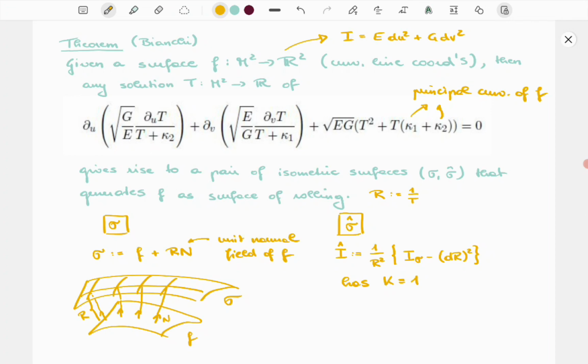This follows from the equation from above. This can be computed explicitly. So this metric here, I hat, has constant Gaussian curvature 1. And this means there exists a parametrization small m from M2 into the 2 sphere.